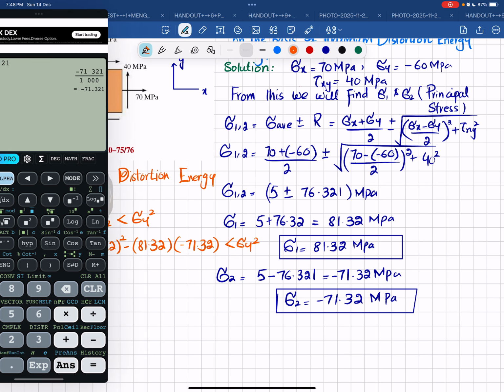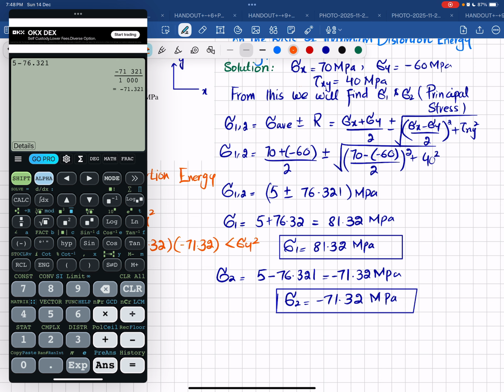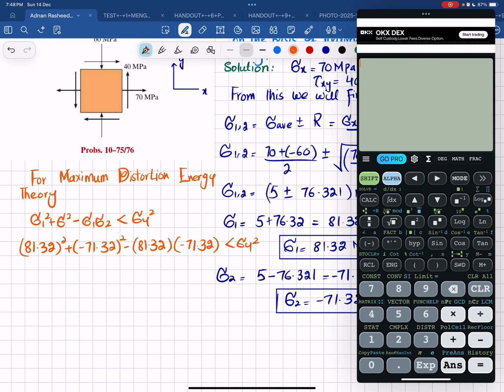Okay, so I will move the calculator toward this. Here you can see I have 81.32 square plus minus 71.32 whole square minus 81.32 multiplied by minus 71.32, and we close the bracket.